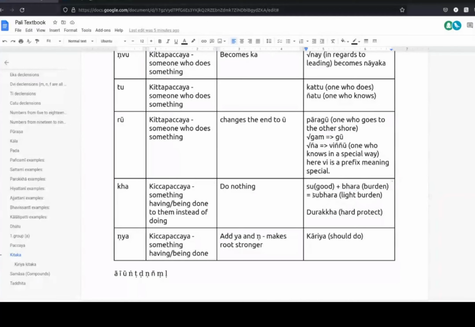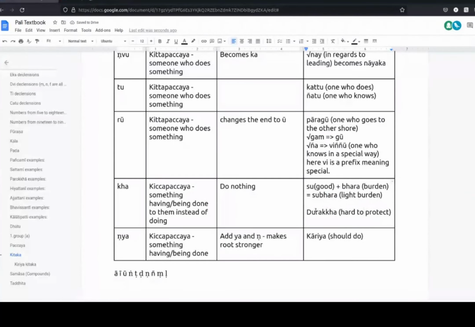Subara is someone who is a light burden. So if someone is subara, that means they are not a burden on anyone. Nobody is having to take a heavy burden because of them. Duraka is easier to understand here, because rak is in regards to protecting: hard to protect.